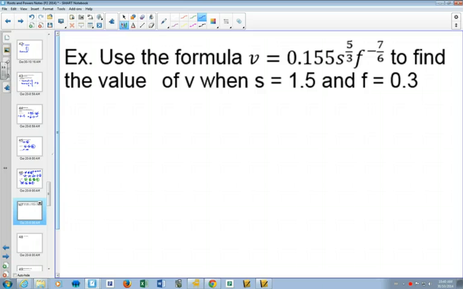Now I'm going to give you the answer so that you can check if you are able to type this into your calculator correctly.